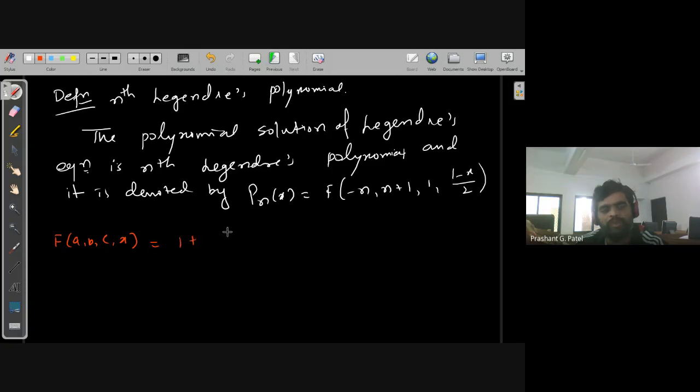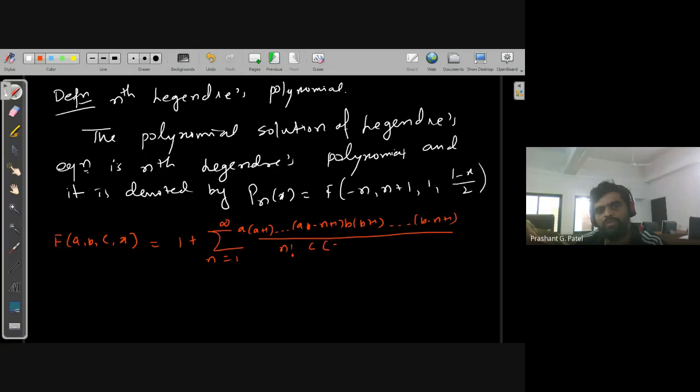It will represent 1 plus summation n running from 1 to infinity of a into (a plus 1) up to (a plus n minus 1), b into (b plus 1) up to (b plus n minus 1) by n factorial into c into (c plus 1) up to (c plus n minus 1) into x raised to n. This is the Gauss hypergeometric series we have. So according to this, we will use that here.